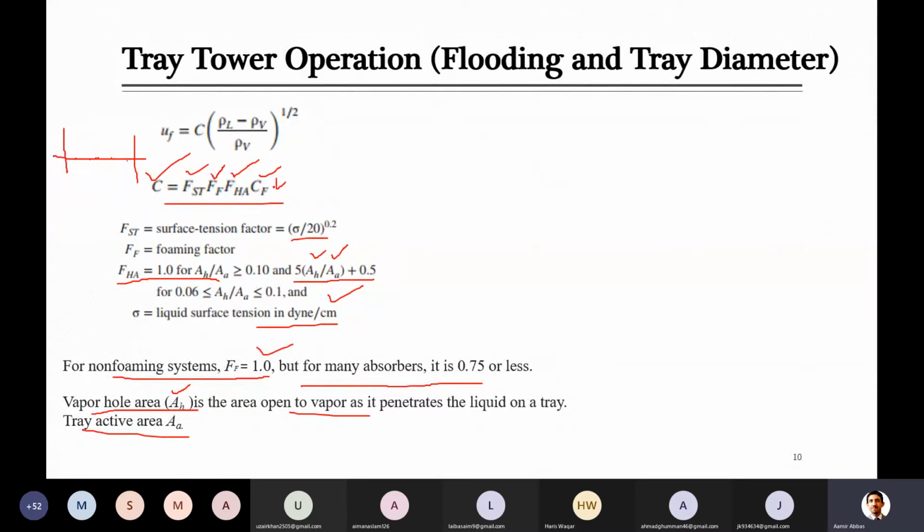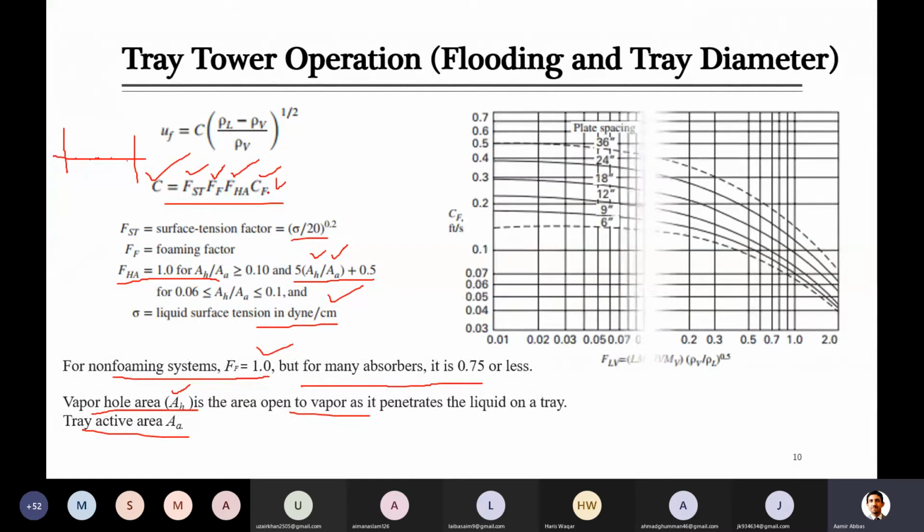So CF is a factor related to the tray spacing, and that is given in this diagram. In this diagram, CF is given on the y-axis, while on the x-axis there is a parameter FLV. I will come back to this.